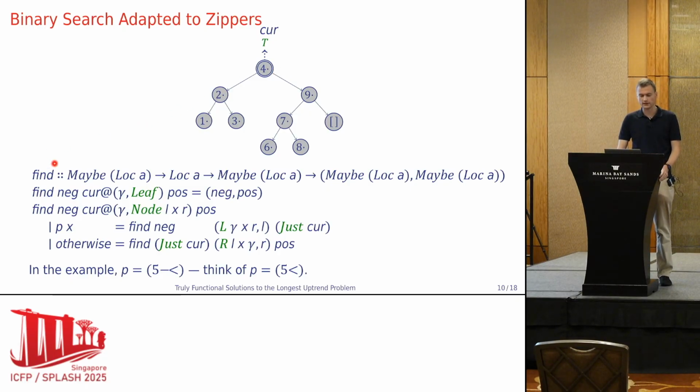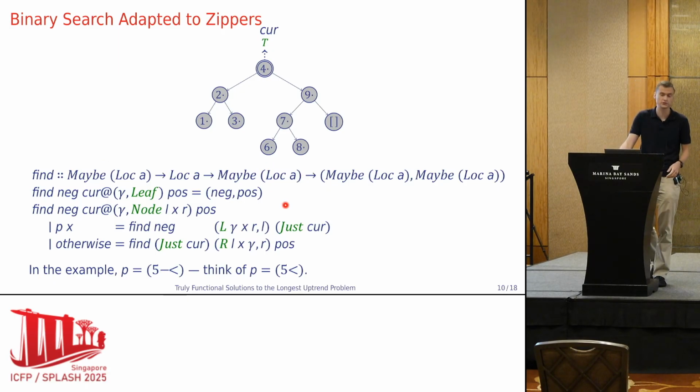So in our operation find, we have the current location where we are looking at, and we have also two accumulating arguments, for the potential left endpoint and potential right endpoint.